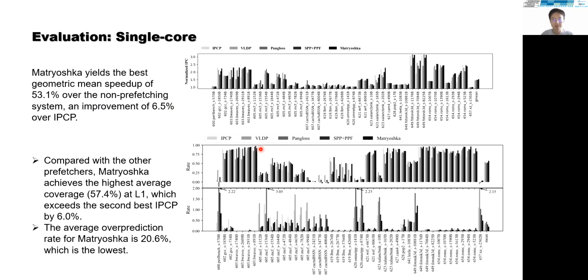Matryoshka yields the best speedup of 53.1% over the non-prefetching baseline system, which is an improvement of 6.5% over IPCP. Compared with other prefetchers, it also achieved the highest average coverage and the lowest average over-prediction rate.